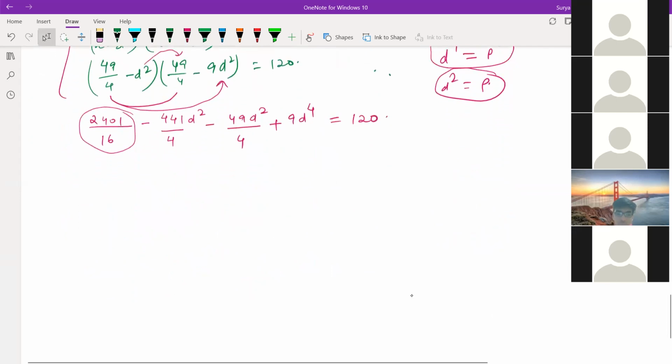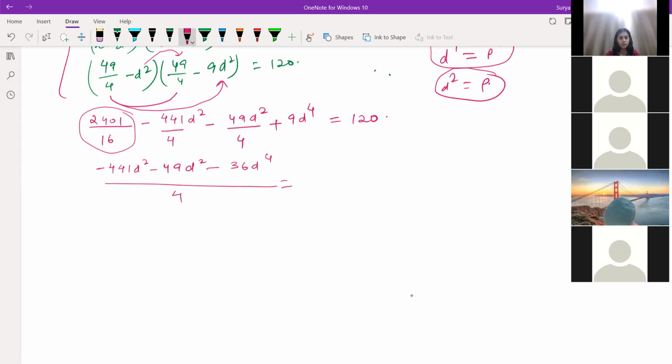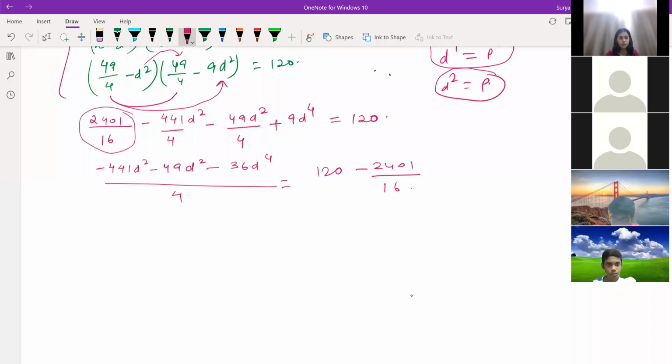So what we can write here: 441 minus 441 d square minus 49 d square minus 9 fours are 36 d to the power 4, divided by 4, the LCM, and this I sent to the other side, 120 minus 2401 divided by 16.